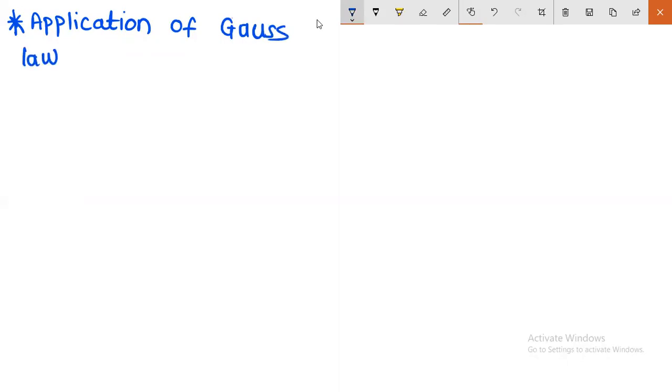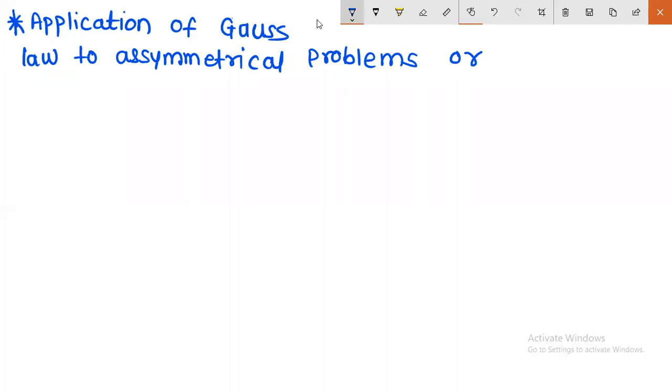This is application of Gauss law to unsymmetrical problems. It is also called point form of Gauss law.